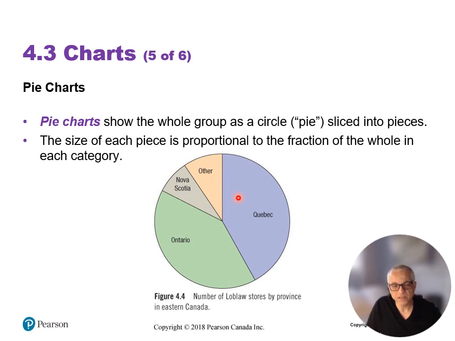The disadvantage happens when you have too many categories, because then the slices will be smaller and smaller. For that reason, we don't really recommend using a pie chart when you have too many categories. But it would be interesting if you have few, maybe five, or I think maximum six, then a pie chart might really help.